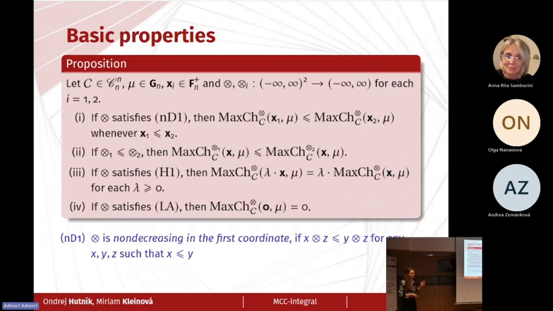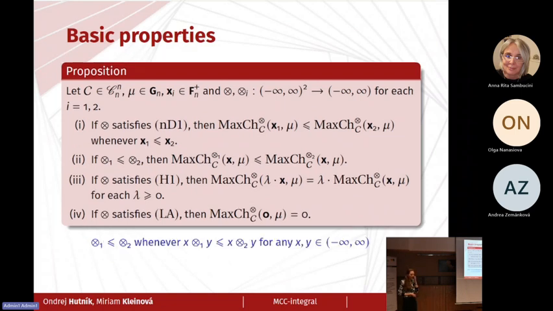But if we want to talk about the properties, we have to consider that the set function is a game. Then the MCC integral is monotone with respect to the input vector if the operation is non-decreasing in the first coordinate. Also, it is monotone with respect to operations if this condition is satisfied.